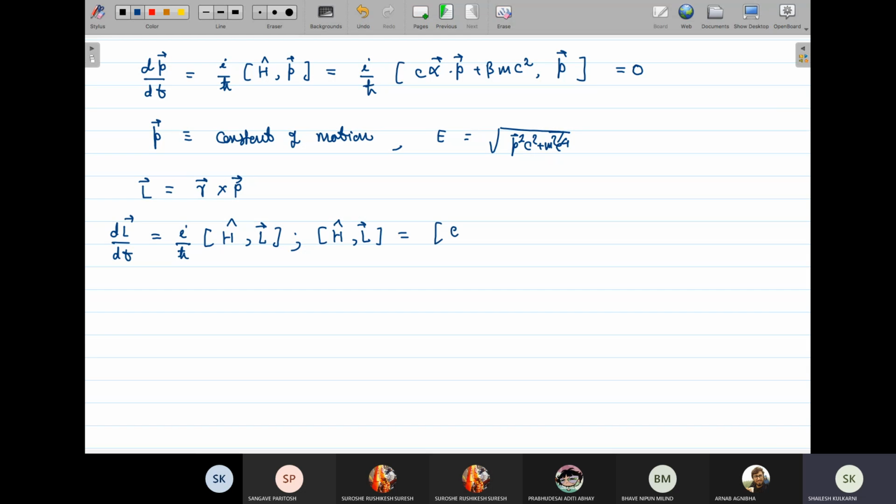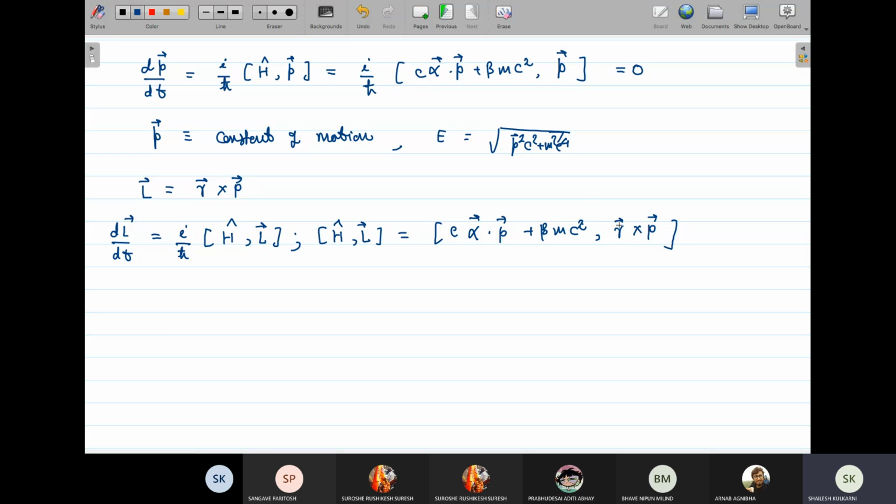This will be c alpha dot P plus beta mc square, with L, where L is R cross P. And remember, there is an identity always sitting beside all your usual operators, differential or otherwise.